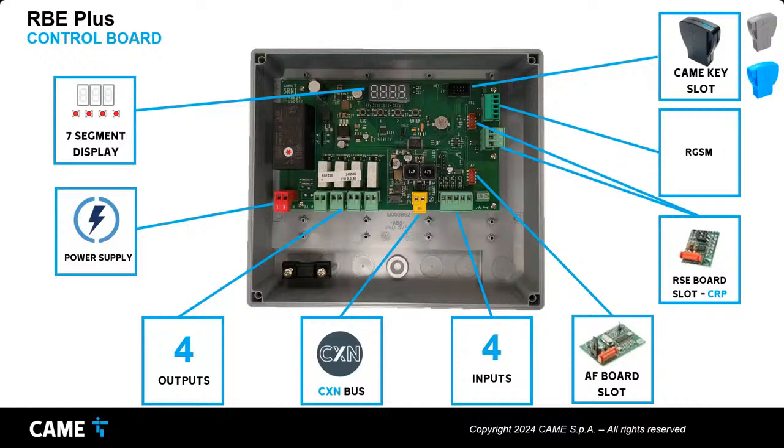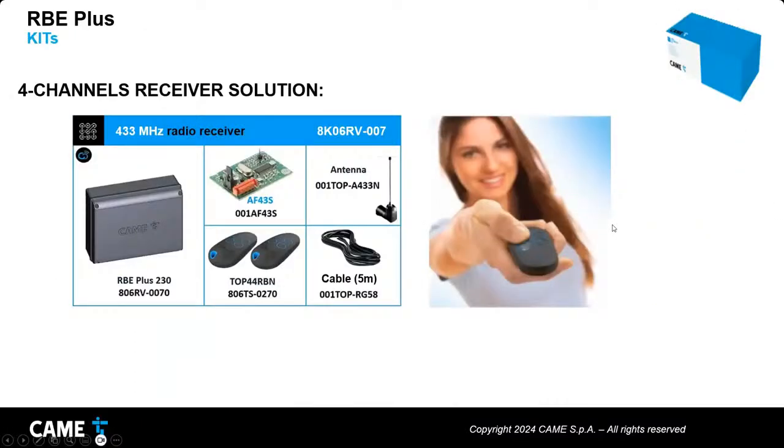And another thing, sorry for the question, but the bus module optional, even in the kit, we are reaching these questions. So let me show the kits, okay, the composition of the kits.